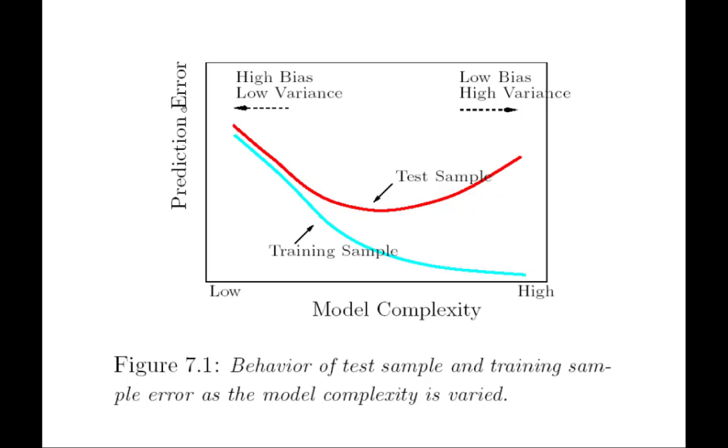So if you allow your model to become more and more complex, the prediction error or the cost becomes less and less, and might even become zero. If you have a complex enough model, all the data can be fitted and it looks perfect in the training data. But that's why you need to look at the test data, because the test error might increase at some point. So if your model complexity becomes too high, you might see an increase in the test set error. That's why it's so important to look at the test data.